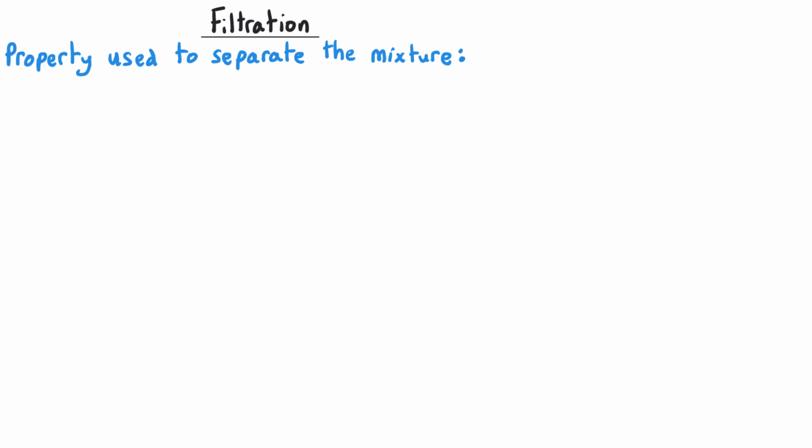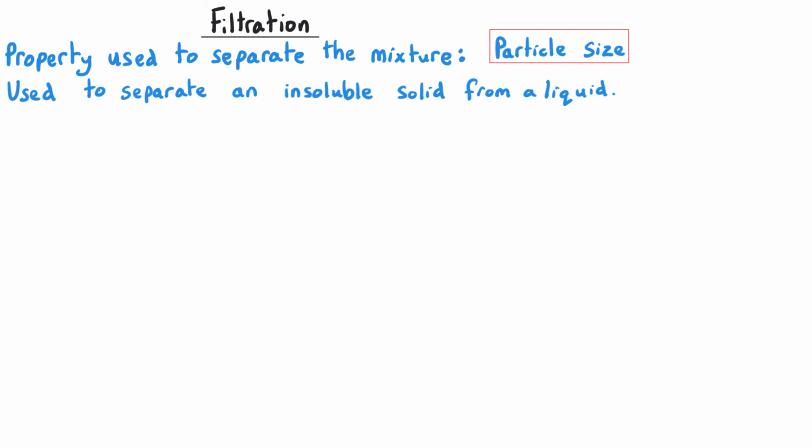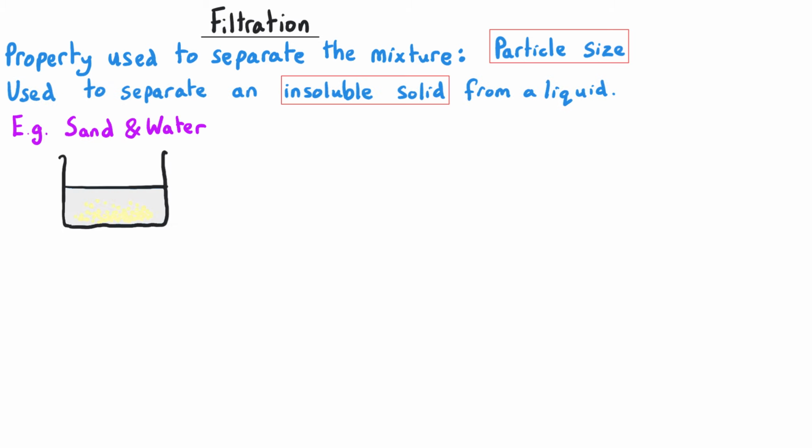Filtration is a separation technique that uses the property of particle size to separate the components of the mixture. We would use this to separate an insoluble solid from a liquid. An example of a mixture that you could separate this way is sand and water.